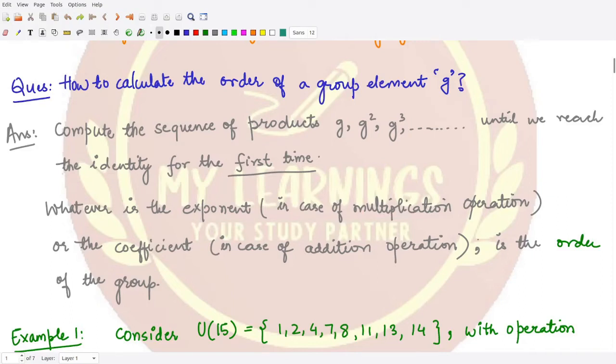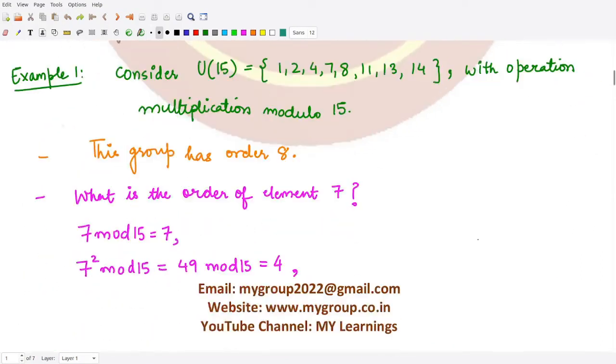For the implementation, let's consider this example. Suppose we take U15 as the group. Here the operation is multiplication modulo 15, and this is a multiplicative group. All the integers less than 15 which are relatively prime to 15 are included in it.